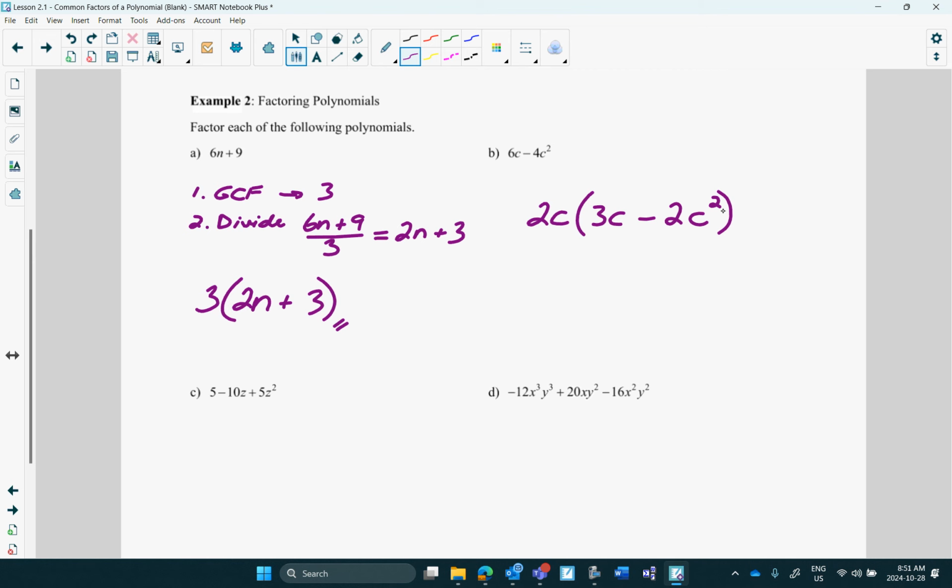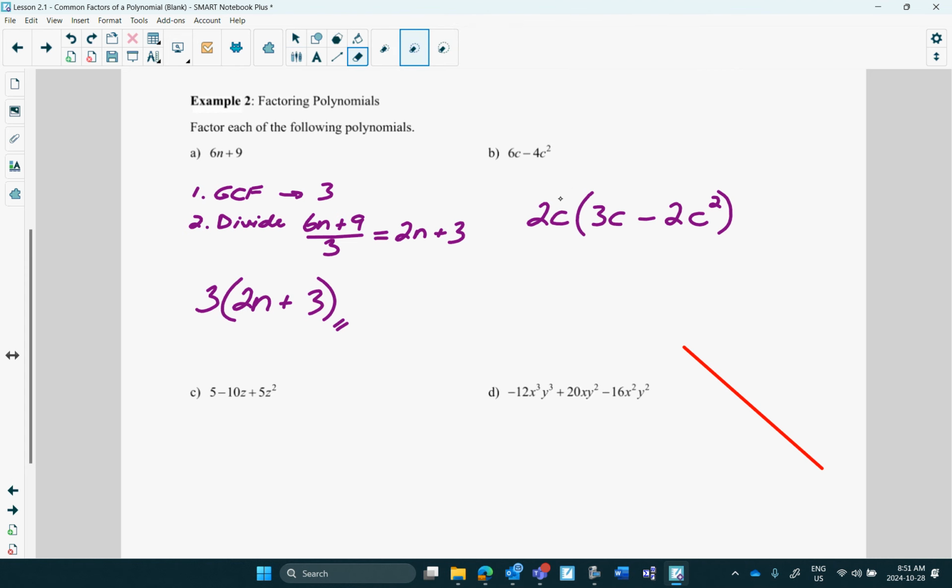I'm going to check this one by multiplying. This times this is 6c squared. Oh, it's 3. This times this is 6c cubed. So it looks like I wrote too many c's.